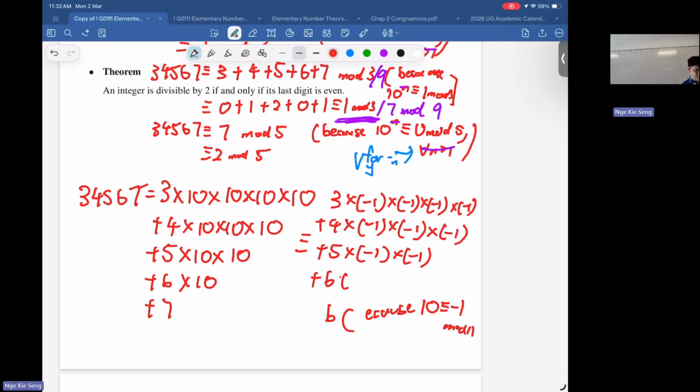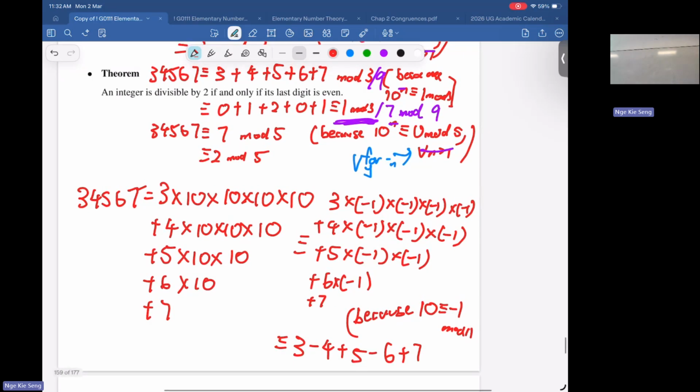When you have an odd power, you will have a negative. So in the end you get an alternating sign: 3 minus 4 plus 5 minus 6 plus 7. Does it make sense? It depends on the power, that is, how many 10s you have. Then this reduces to 5 mod 11, not divisible.